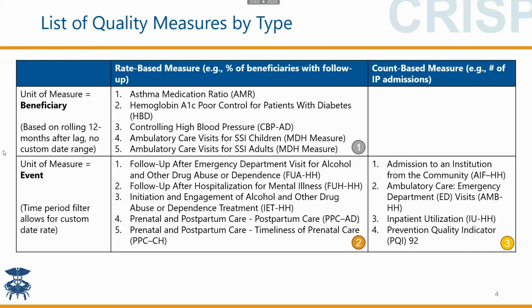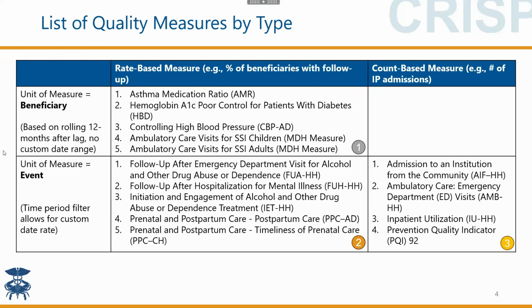So we first include rate-based measures, and those are measures that are quantifying the rate of performance, as opposed to count-based measures that are simply counts of events that happened within the population. Those measures are arrayed on two different dimensions, one being a unit of measure as the beneficiary, where we are looking at the entire beneficiary as a whole and looking at the performance for a given measure.